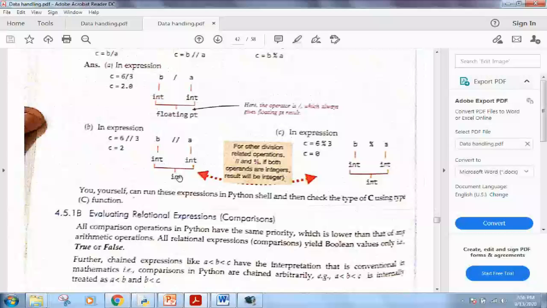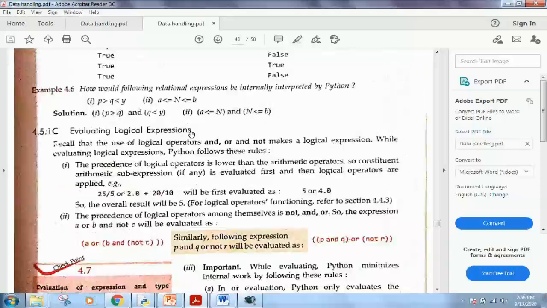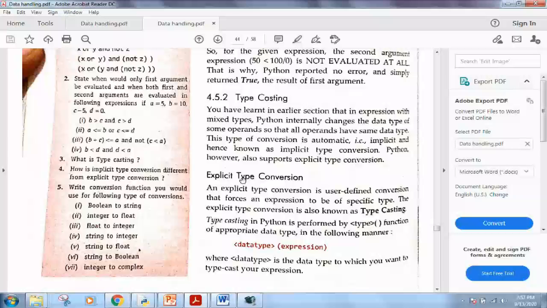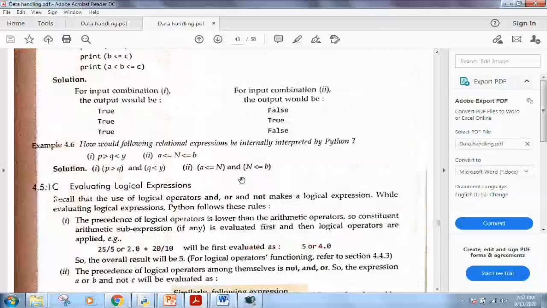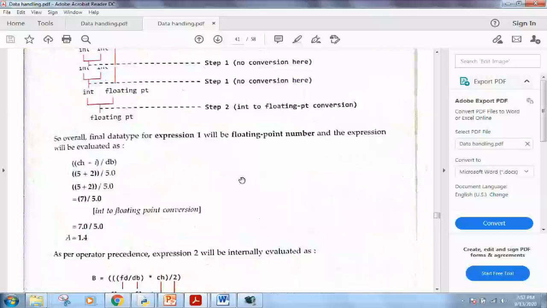And when there is a compound expression, how can you find out? There is one more topic, typecasting, which includes explicit type conversion. So we will try to understand evaluating arithmetic, logical and relational expressions one by one.